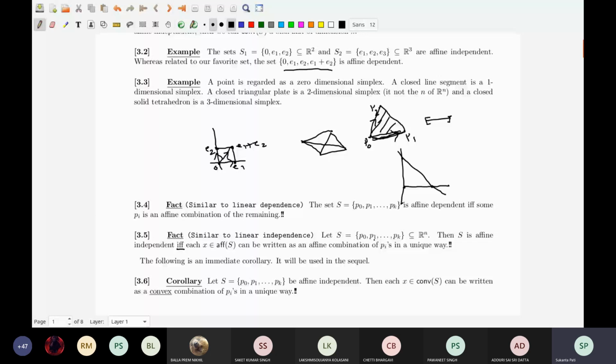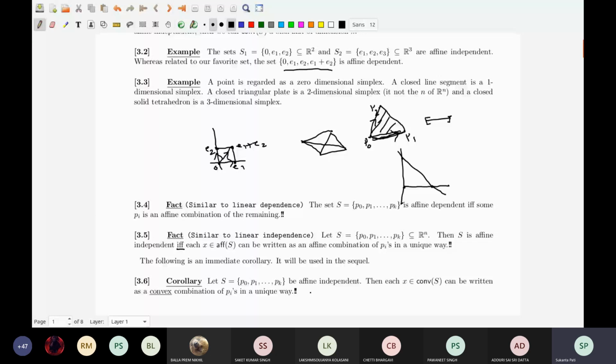And the convex hull is just the collection of convex combinations. So in particular, if you have a set S, P0, P1 to Pk, affine independent, then each element in the convex hull of S can be written as a convex combination of these Pi's in a unique way. Okay, so that is a particular corollary.